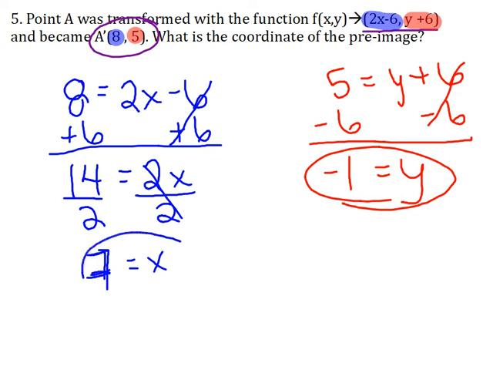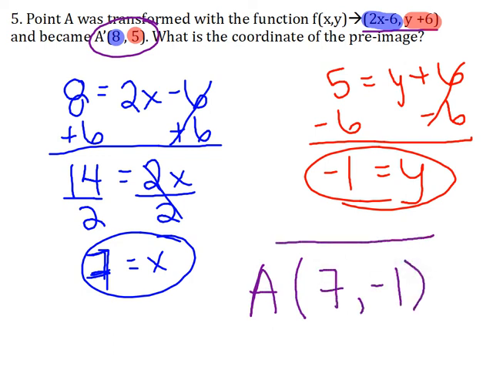So now it says, what is the coordinate of the pre-image? We can come back and say we started with A prime. So A is at, and then we'll put them back in order, 7, negative 1. And this is the coordinate of our pre-image.